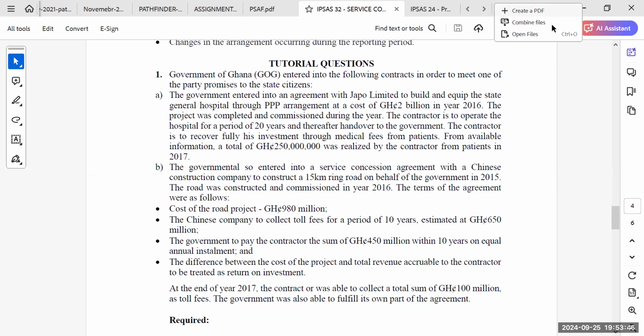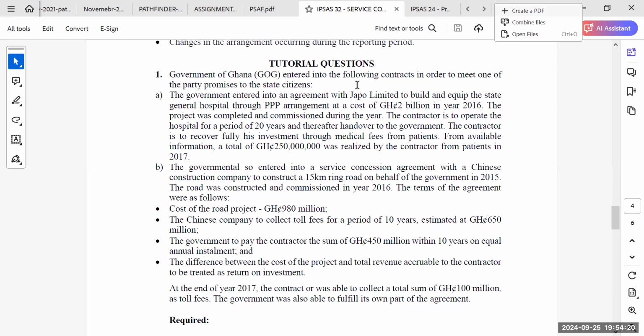The contractor is to operate the hospital for a period of 20 years and thereafter hand over to the government. The contractor is to recover fully his investment through medical fees from patients. From available information, a total of 250 million Ghana cedis was realized by the contractor from patients in 2017.